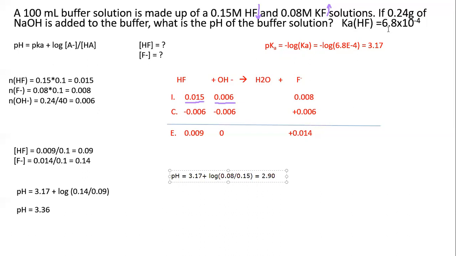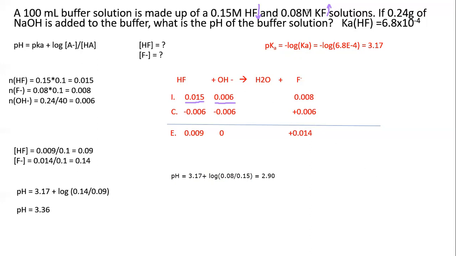So since we added that much sodium hydroxide, you see the pH of the buffer went from 2.9 to 3.36. And typically, the buffer range is plus or minus 1 of the pKa of your weak acid. So for this buffer, we can expect it to be between about 2.2 and 4.2. That would be the buffer range of this buffer.